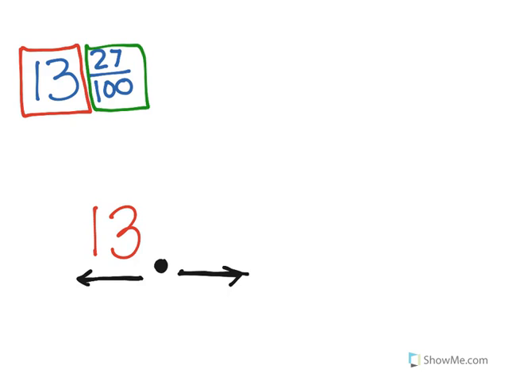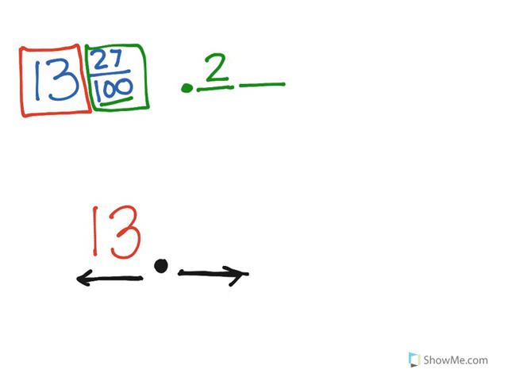Now I need to change my fraction into a decimal. So I want you guys to take a second and do that. So if I were to do that, I'd realize this is in the hundredths place. So I put a decimal and I draw my place. Remember, there's not a ones. It's tenths, then hundredths.